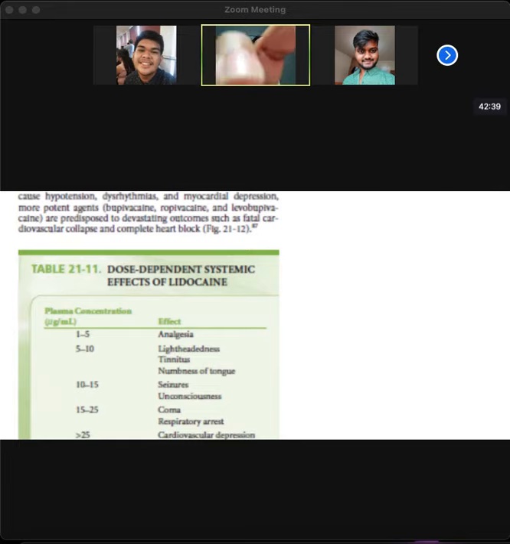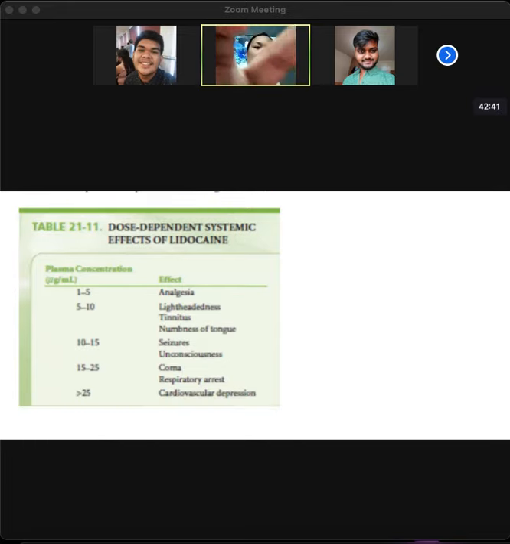Okay, since local anesthetics are dose dependent, this is one example of your local anesthetic, lidocaine. When your plasma concentration is 1 to 5, you can have your analgesia. If it's already 5 to 10, you can now feel lightheadedness, tinnitus, numbness of the tongue.